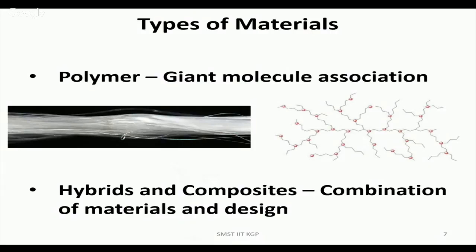Hybrids, when you are mixing metal with ceramic, ceramic with metal, or polymer with ceramic, or polymer with metal, that is called hybrids. We are mixing two different classes of materials and forming the material called hybrid. And of course, the design is very, very important, right? Design is very, very important.